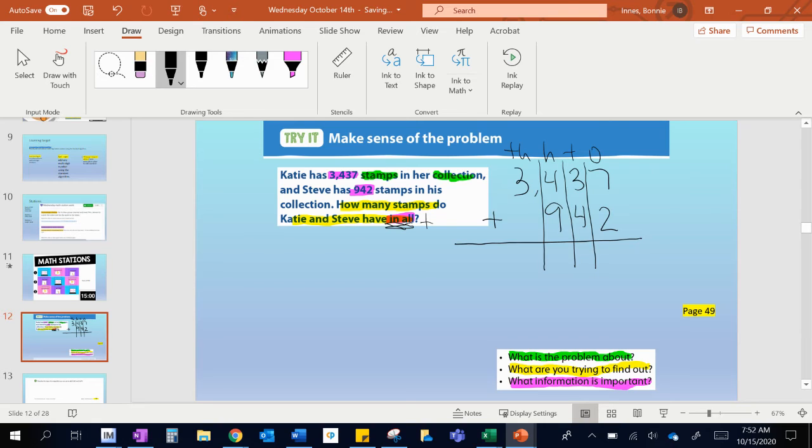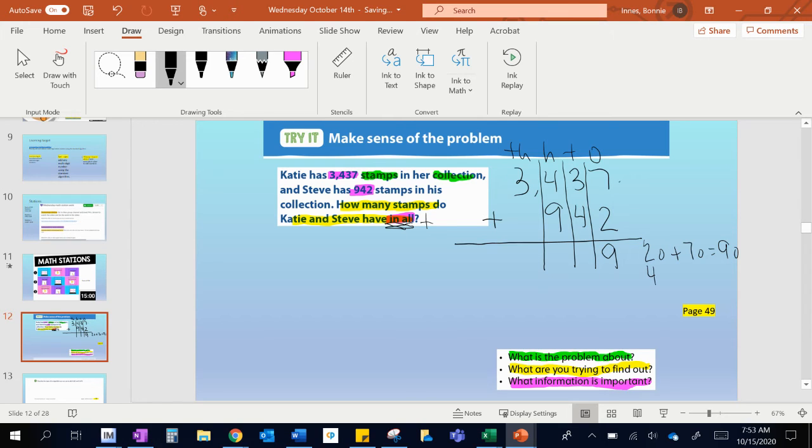Okay, so here's what I'm going to do. I'm going to use partial products. I'm going to be breaking it down by the ones and the tens, hundreds, and the thousands. So I'm going to look at my ones first. 2 ones plus 7 ones, that equals 9 ones. I'm going to write the number 9 here, because together there are 9. I'm going to go down to the tens place now.